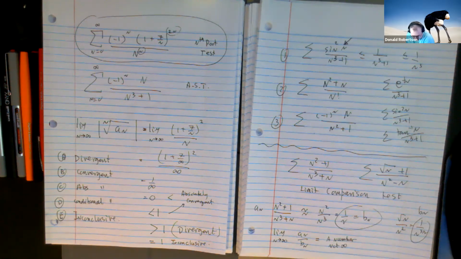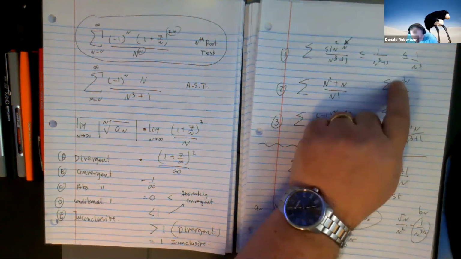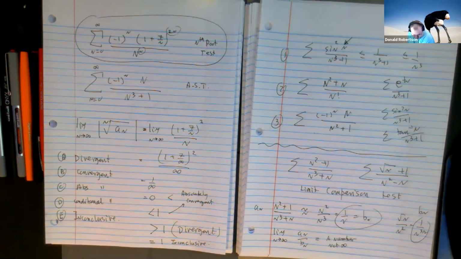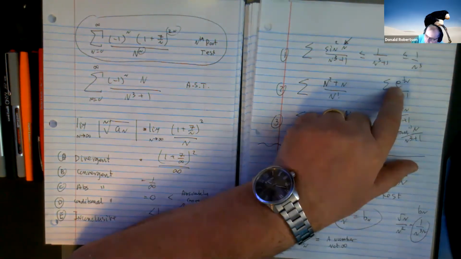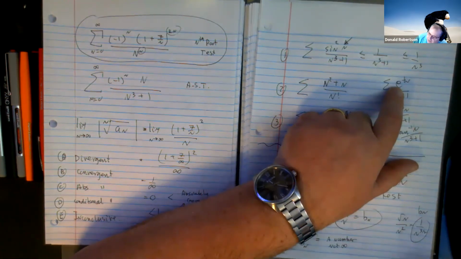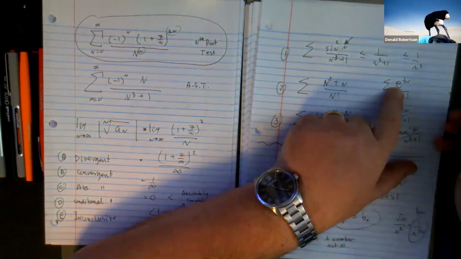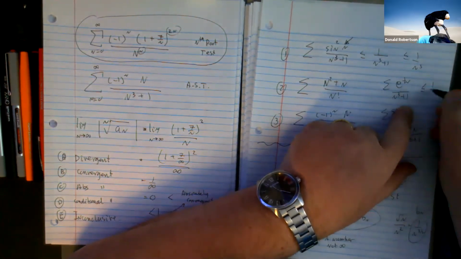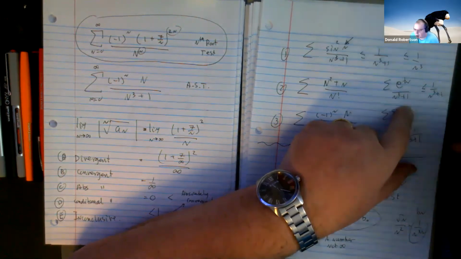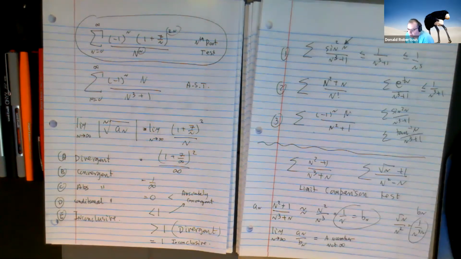Now, in the comparison test, all you need to do is take this guy and prove that he's bigger than something if you know it converges, or prove that it's less than something if it diverges. Now, although I do not know what e to the 1 over n is, because it keeps changing as n gets bigger, would you agree that its biggest value is 1? Now you can put it in: e to the 1 gets you e.